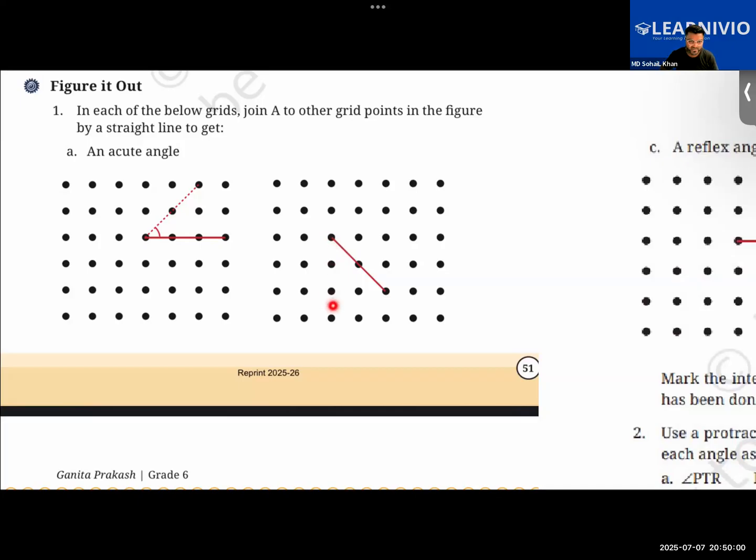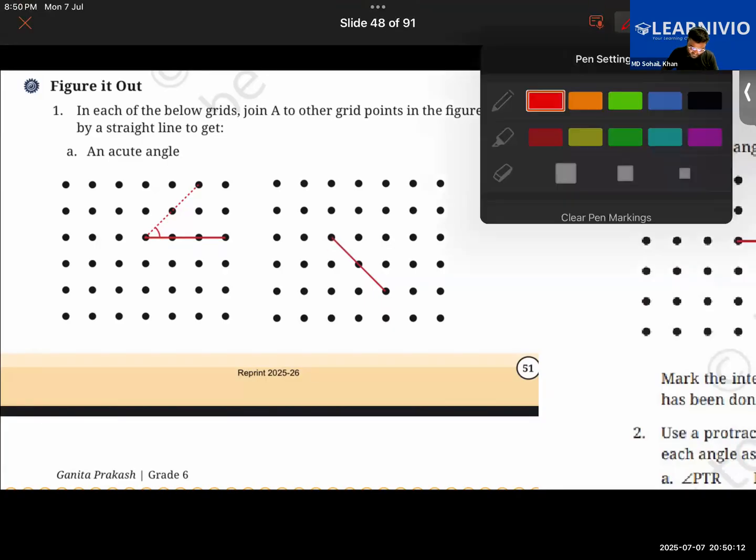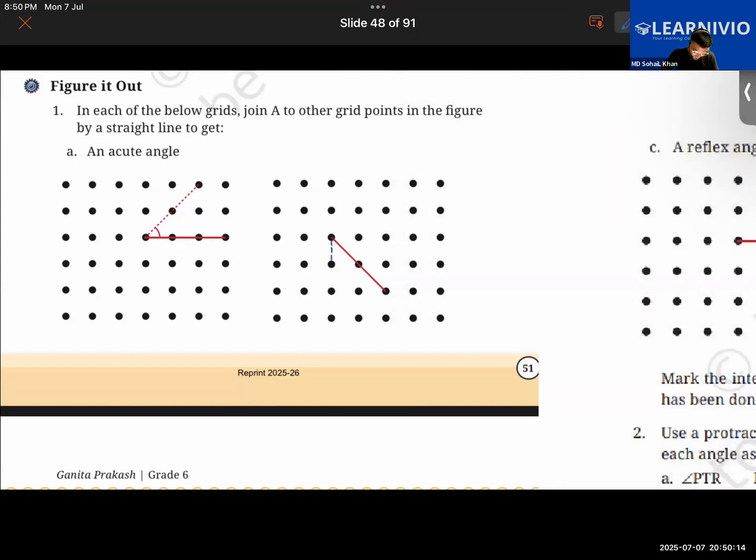So what should we do? Should I draw a line like this or like this to get an acute angle? The first one or the second one? The first one, where I marked. So we can get an acute angle like this. And what else? Can I make a line like this also? Yes. Is there any other way from this point to get an acute angle?